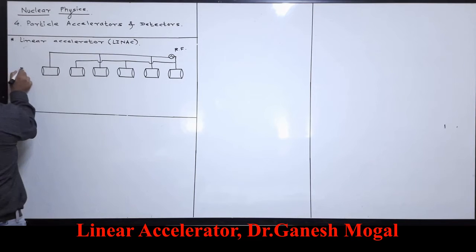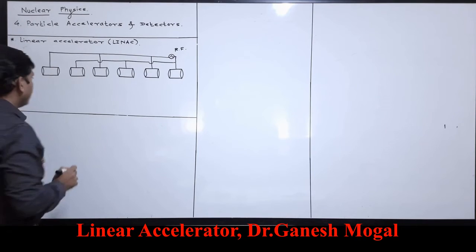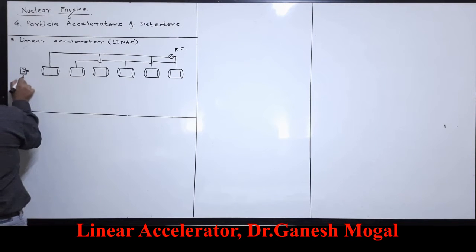So here we keep the ion source which emits ions, that is positive ions or negative ions.